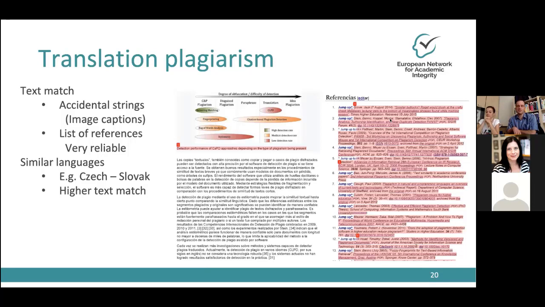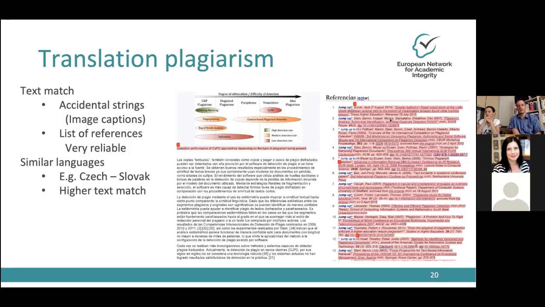We asked the student to translate it to Spanish, and you can see that the student forgot to translate the image caption, which might perfectly happen to the plagiarizing student, and this might produce the text match, which helps you to identify the source. And also, there is 100% text match in the list of references, which makes sense.